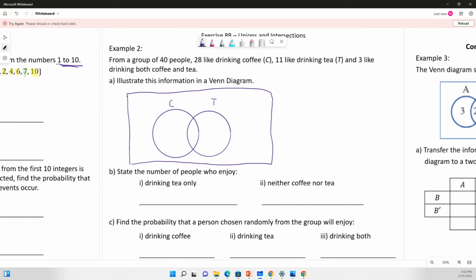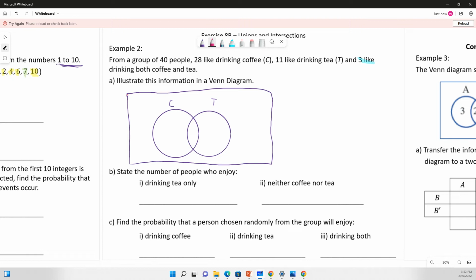Now, you can run into problems here because 28 people like drinking coffee. That doesn't mean 28 people who like drinking coffee alone. Some of these people could also like drinking tea. So what we're going to do here is start with the intersection. 3 like drinking both coffee and tea.